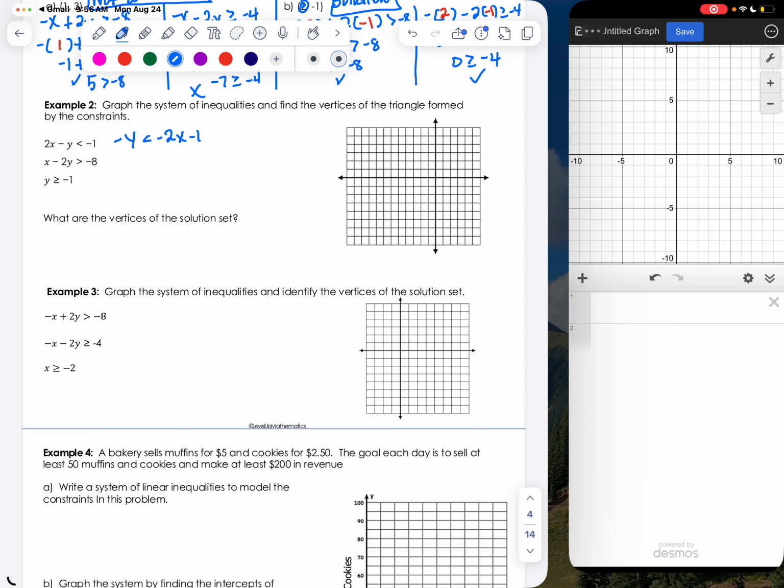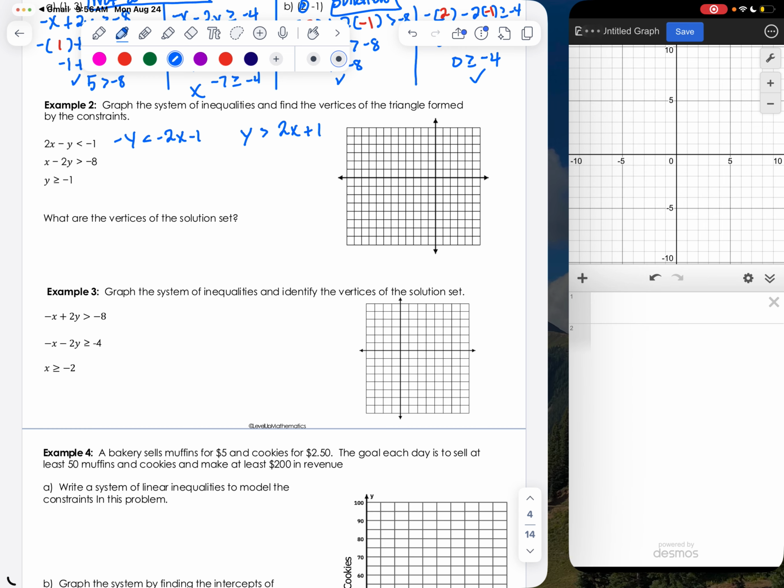Now I need to divide each term by negative 1. So negative y divided by negative 1 would be positive y. My inequality would reverse to greater than. Negative 2x divided by negative 1 would be positive 2x. And negative 1 divided by negative 1 would be positive 1.